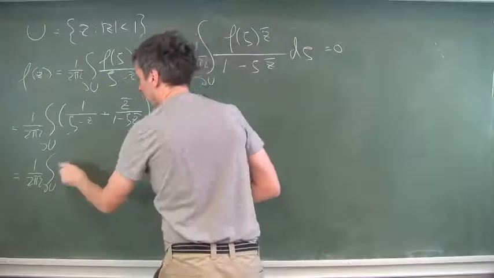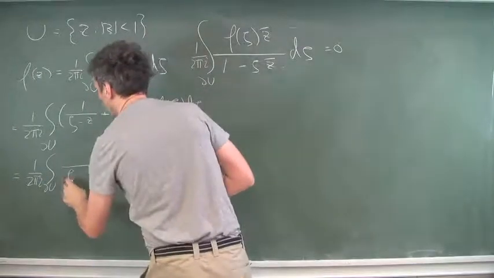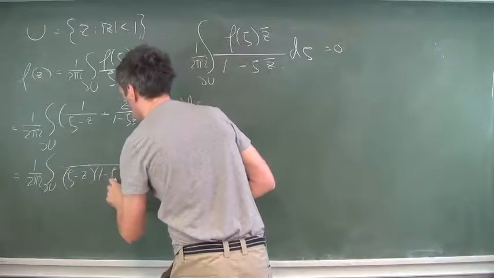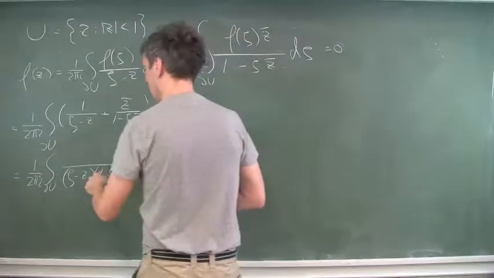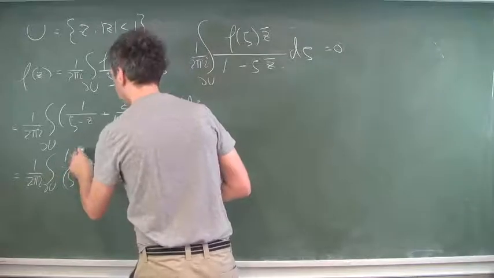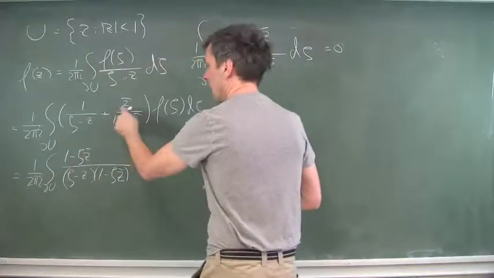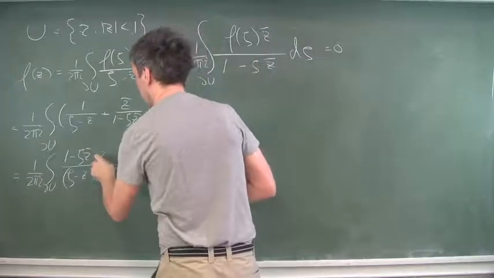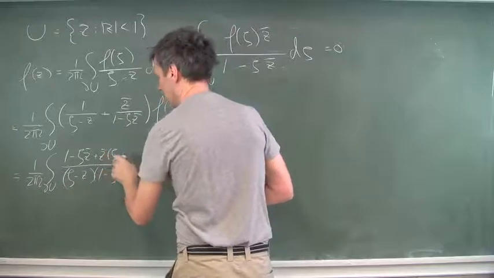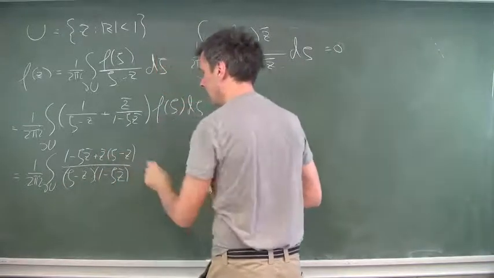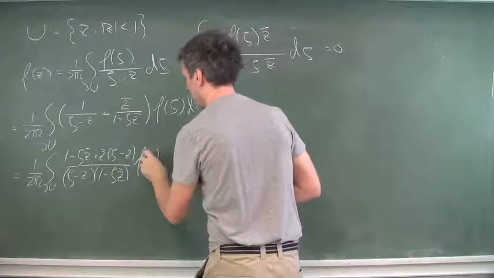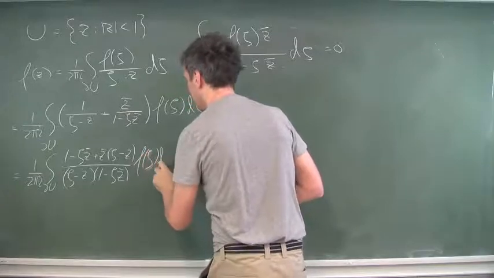So we put these two expressions on a common denominator. Here on this denominator, we'll get 1 minus zeta times z conjugate. And here we will get plus z conjugate times this expression, which is then zeta minus z. And then we have the f of zeta d zeta here.